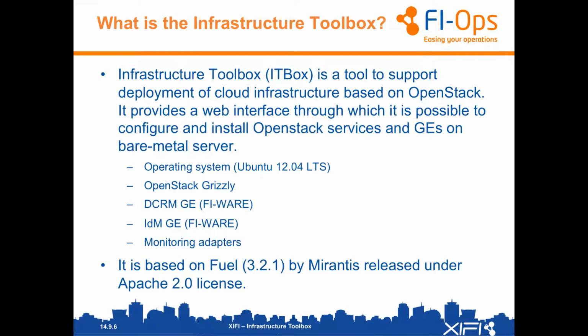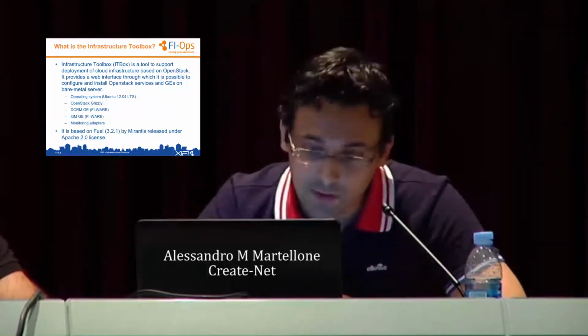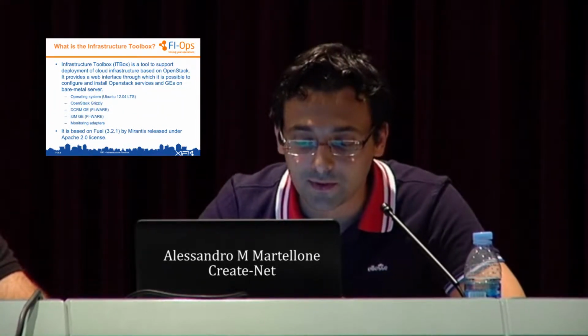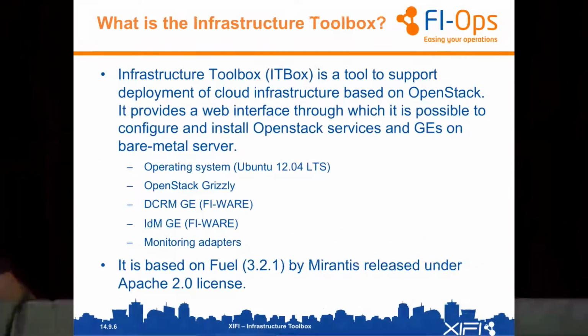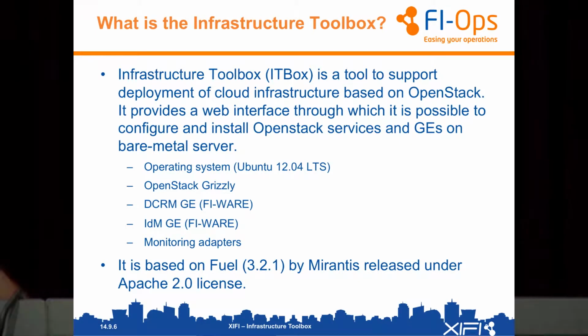It provides a web interface through which it is possible to configure and reinstall OpenStack services and a generic enabler on a bare metal server. It installs the operating system, Ubuntu, OpenStack, at this moment Grizzly, the DCRM generic enabler, and some monitoring adapters.